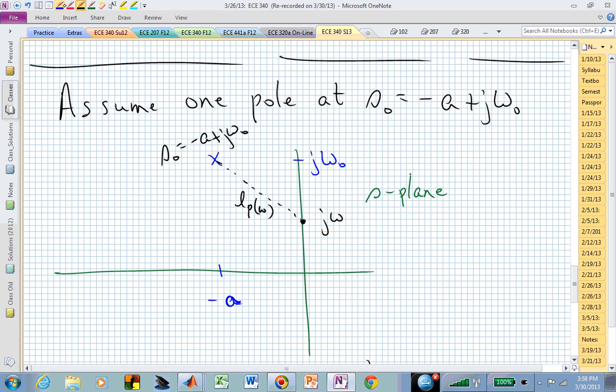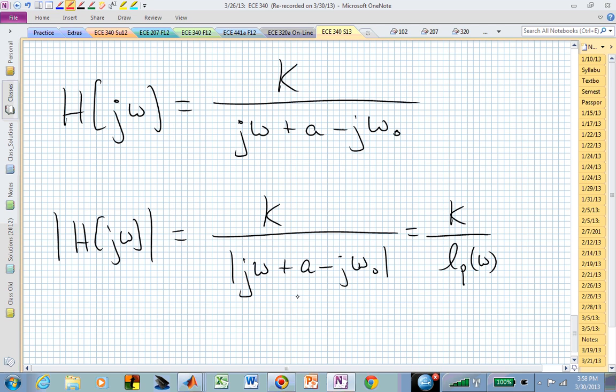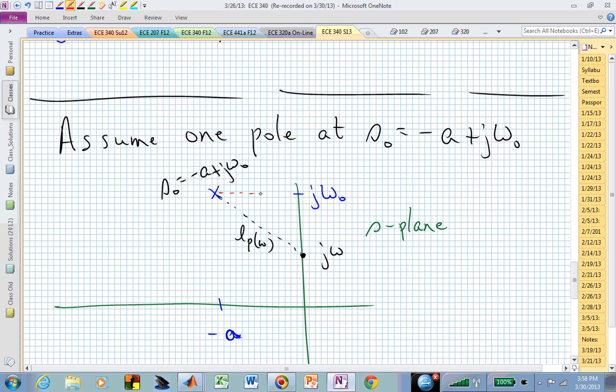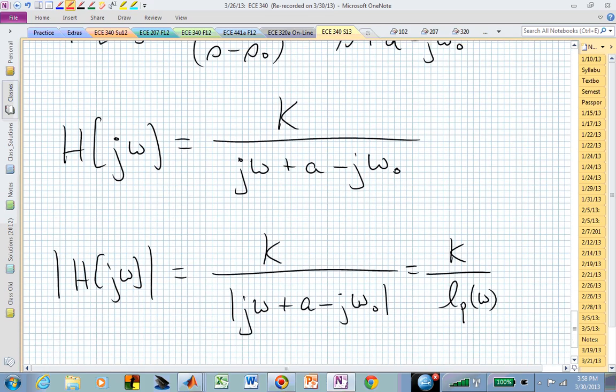We can better understand that if we look at what we have. We have J omega plus A minus J omega naught. Let's now just walk over a distance A. Then we can walk down a distance of minus J omega naught, and then we finally go back up an amount J omega, and that puts us in terms of distance from the pole at the same distance as little l sub p.